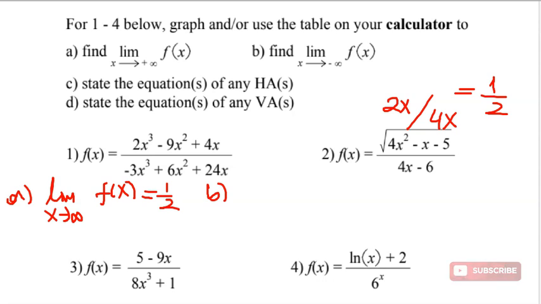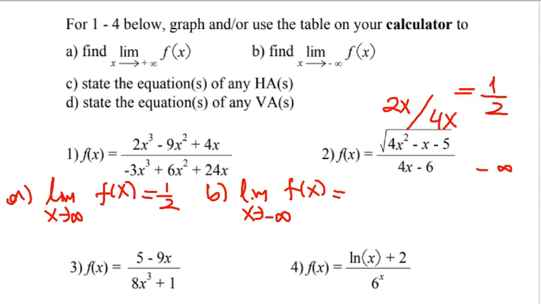That's part A. Part B, limit as x approaches negative infinity, f of x. When it's approaching negative infinity, notice that at the bottom, the highest degree is 1, which is an odd degree. So when you substitute negative infinity, we get a negative number at the bottom.